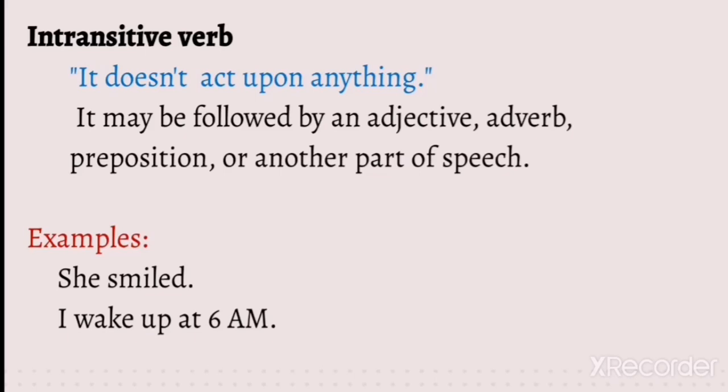Transitive verb needs an object to act upon, while intransitive verb does not need an object to act upon. For example, it may be followed by an adjective, adverb, preposition, or another part of speech.